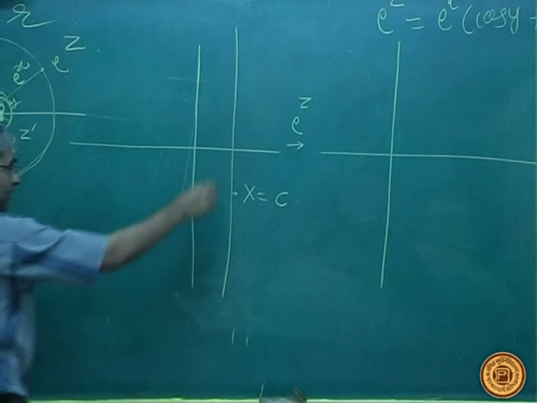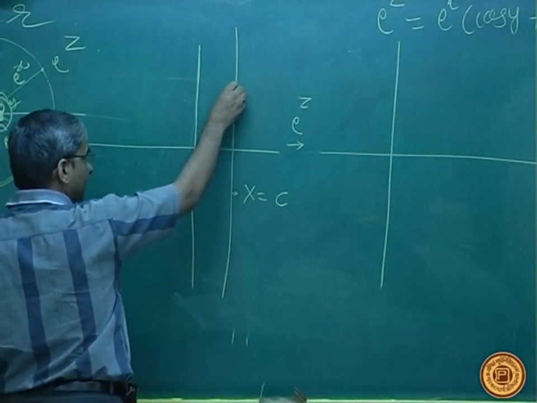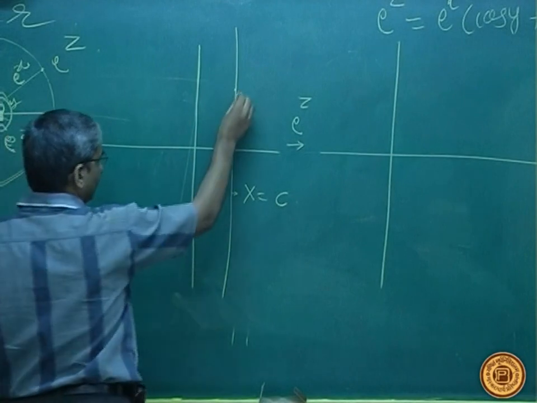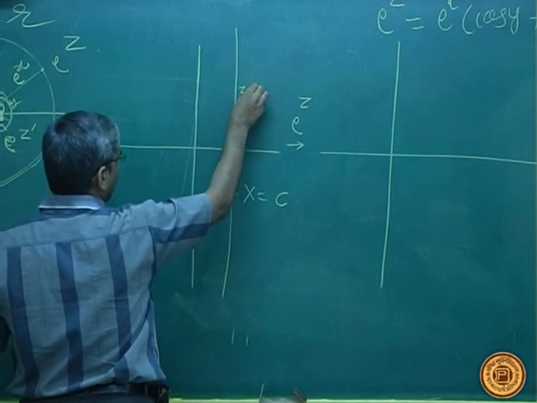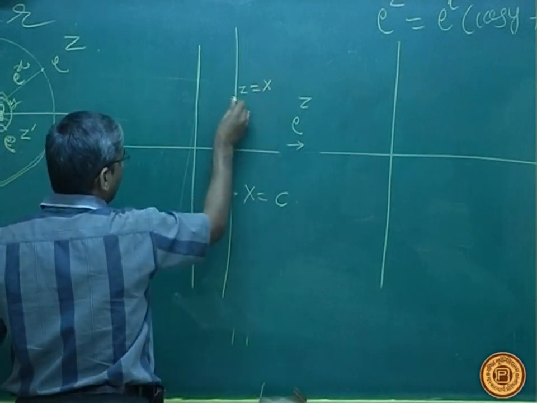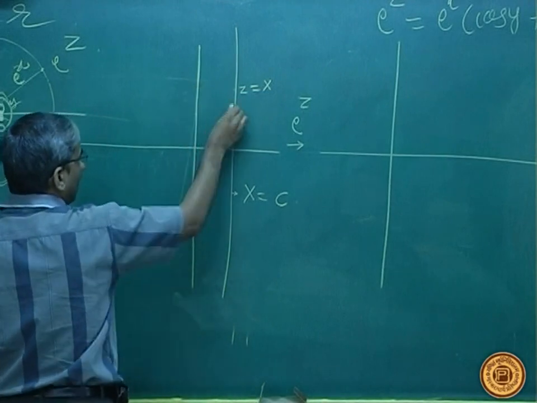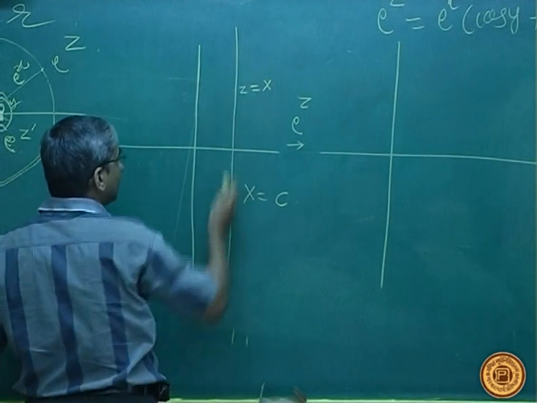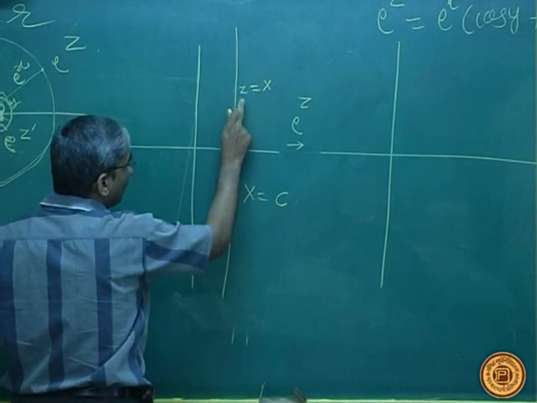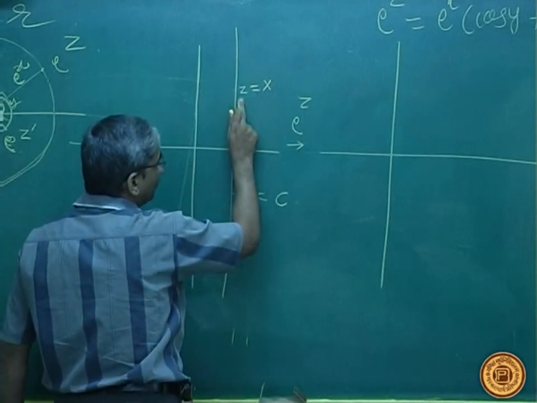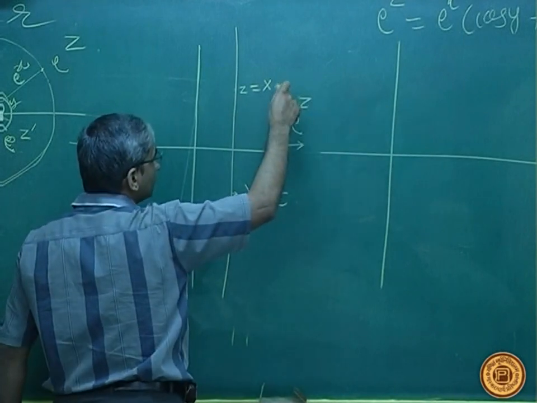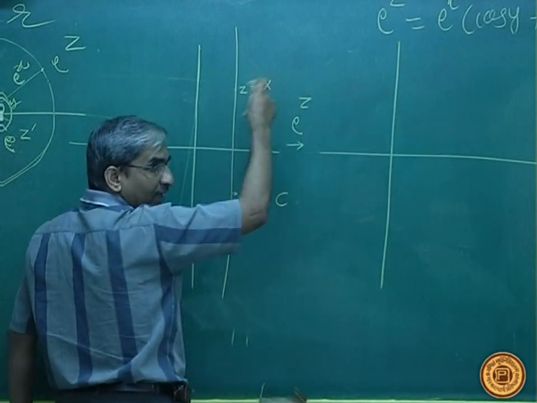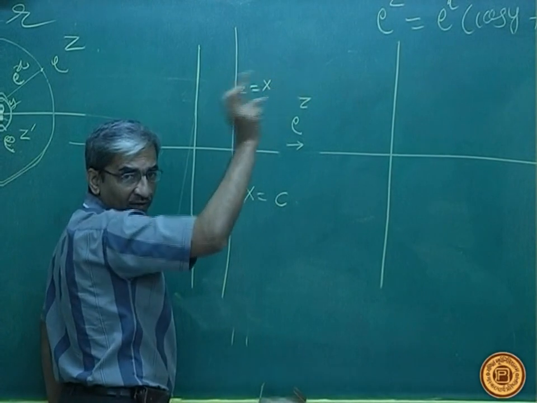Now if I take a point z here, its x coordinate will be x, and its y coordinate will be this y. I may change it, then the y coordinate will change. But what is constant? The x coordinate. Now when you map z to e to the power z, what depends on x? The modulus is e to the power x, remember.